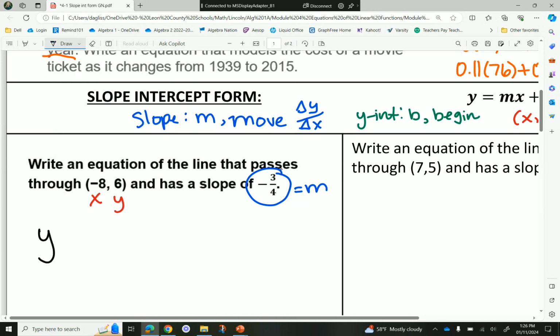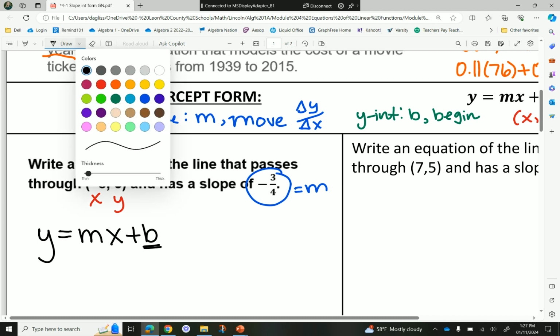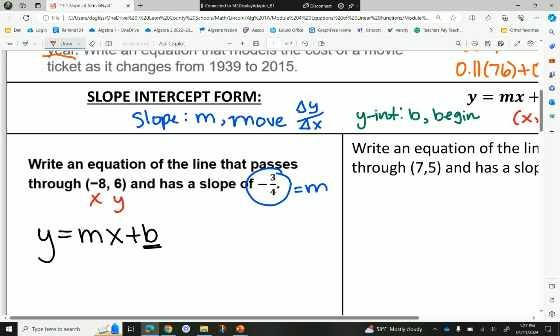We start with our equation, y equals mx plus b, b being the piece that is missing right now. Let's plug in what I have. Instead of a y, what's going to go in its spot? What's the value for y?